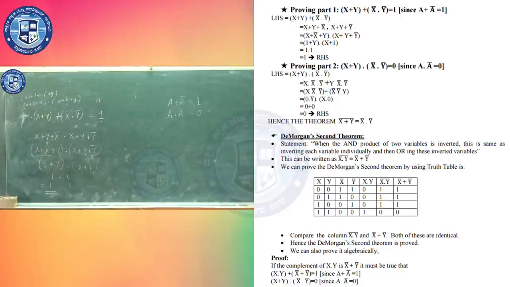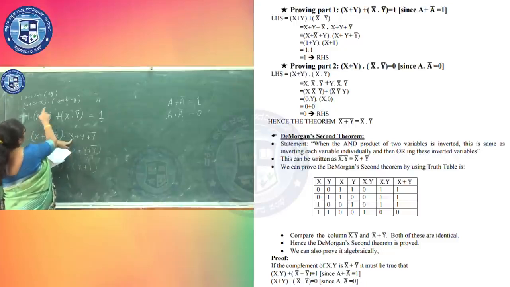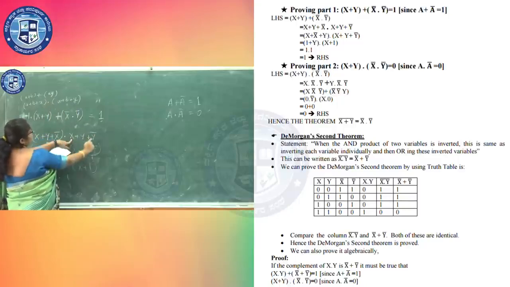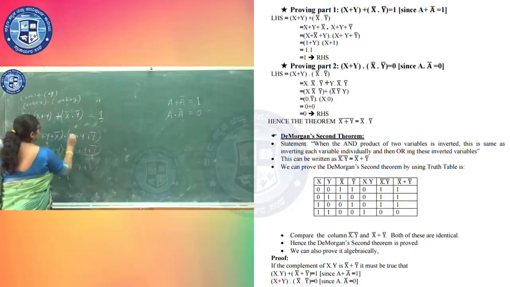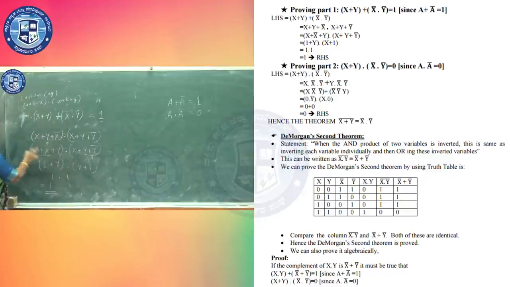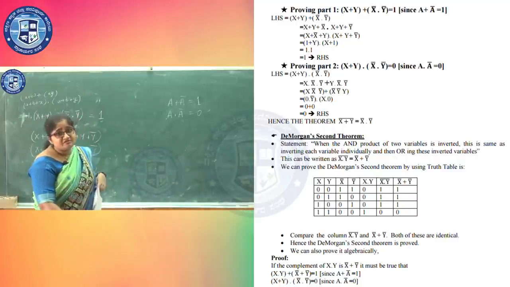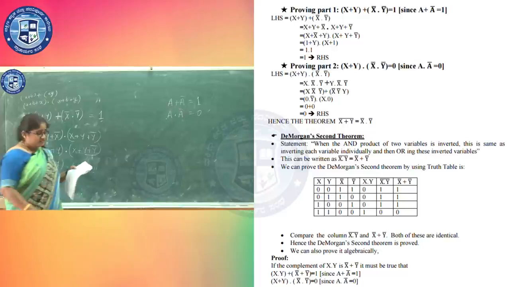This is how it holds. The same way we are putting it like this, x plus y plus x dash, one of the terms, into x plus y, that is nothing but a plus b into the y dash. Then here we are combining for the sake of our theorem. So this was proving the first part of De Morgan's first theorem.